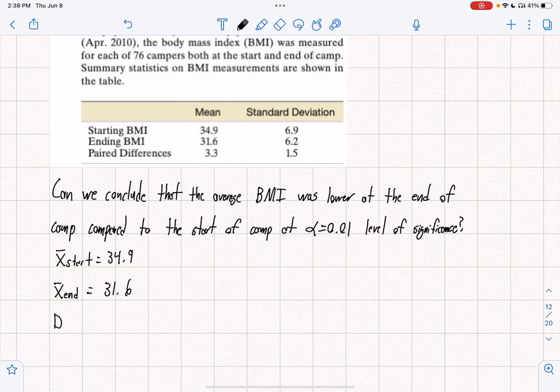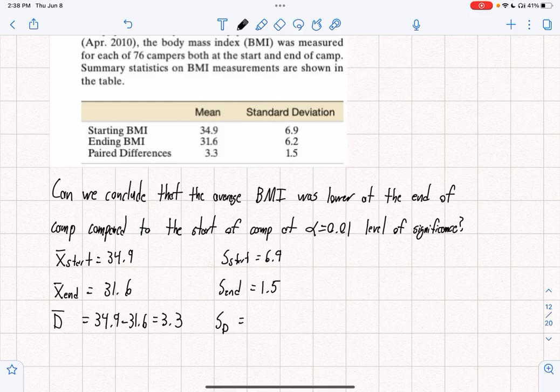And then D bar is 34.9 minus 31.6, which is 3.3. The standard deviation of start was 6.9, standard deviation of end was 1.5, and then SD was 1.5.